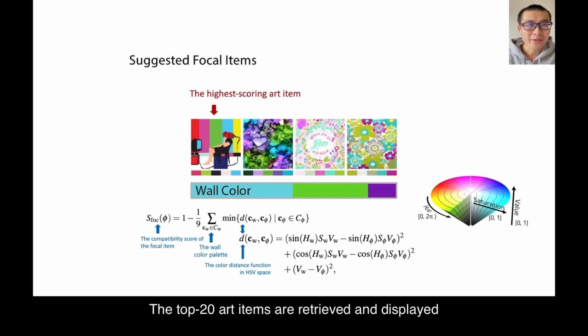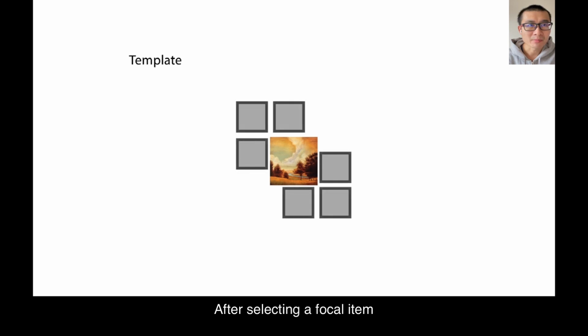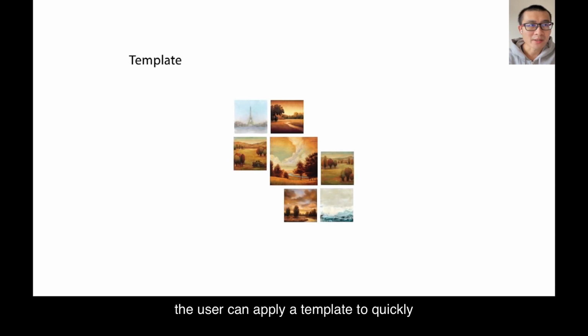The top 20 art items are retrieved and displayed in order of the compatibility scores, with the highest scoring item shown first. After selecting a focal item, the user can apply a template to quickly populate a gallery wall design based on the color, style, and spatial attributes.